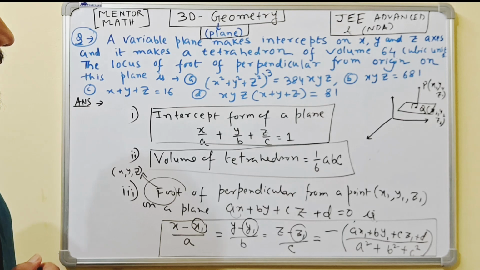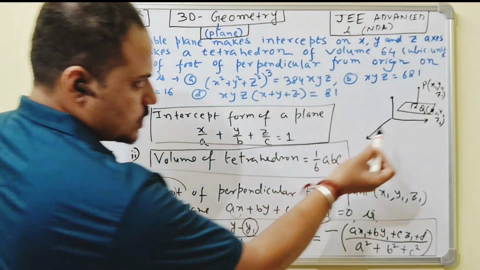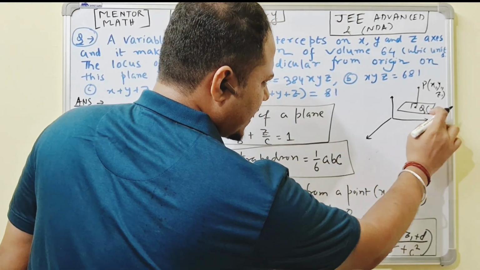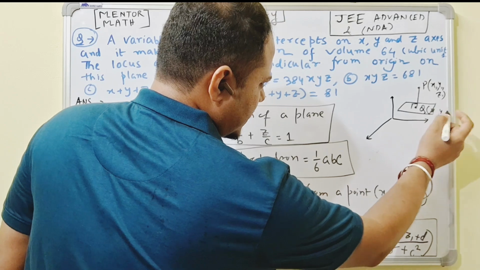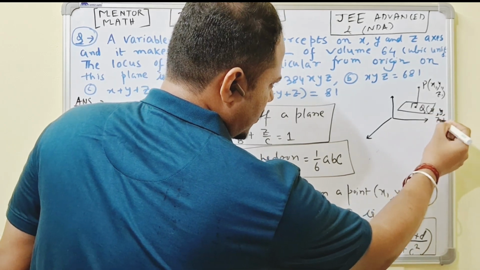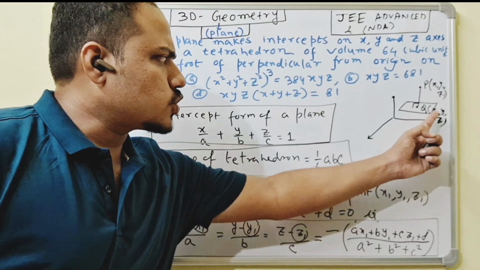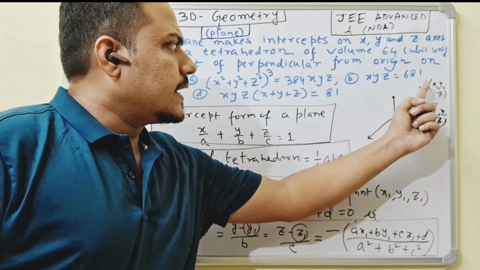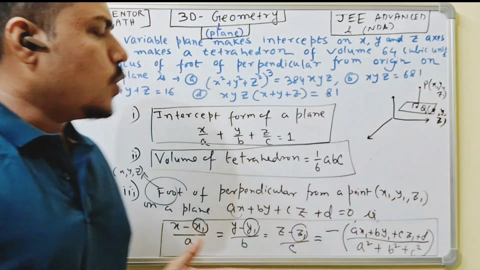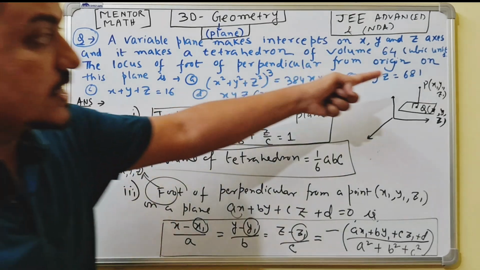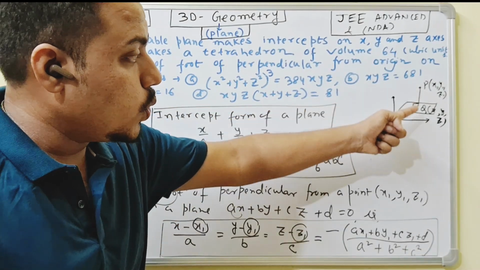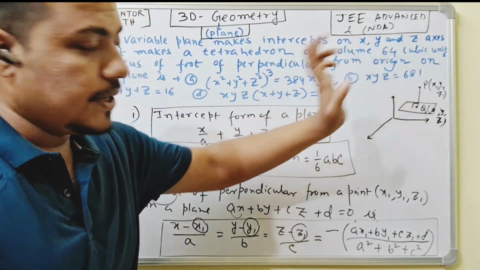Our requirement is to find this x comma y comma z point, and x1, y1, z1 is your given point. So from point P to this point Q is the perpendicular distance.